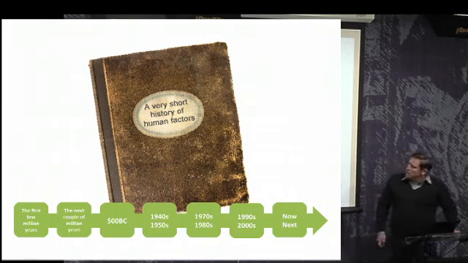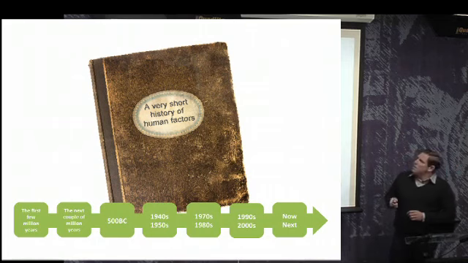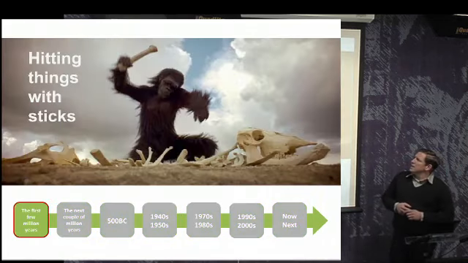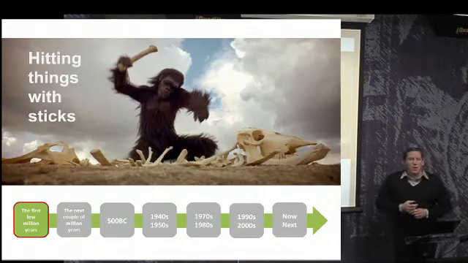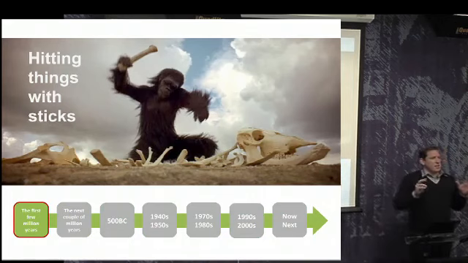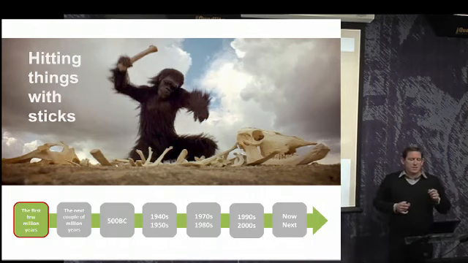So let's start. The first few million years of human factors is, broadly speaking, hitting things with sticks, or in this case, a bone. But the point I'm making here is that the birth of technology, when we start to use tools to do things, is that the technology itself is found rather than made.